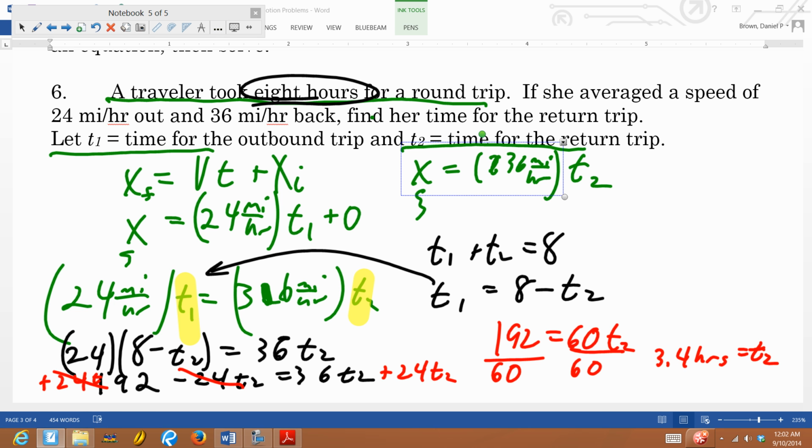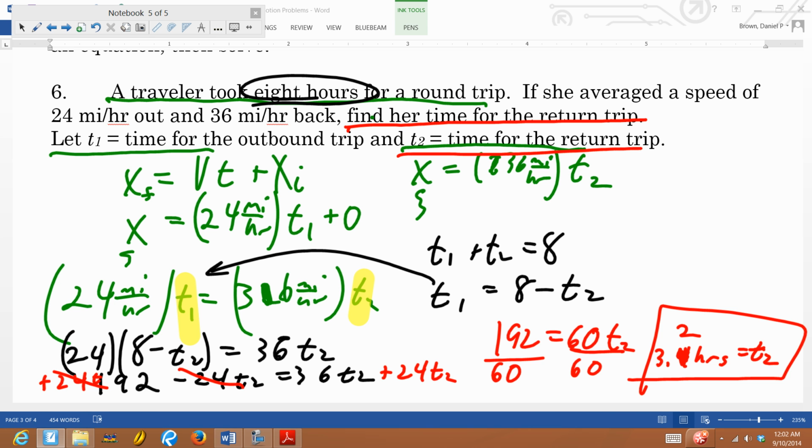The remainder of 12 out of 60 is actually 3.2, isn't it? I apologize. 3.2 hours. And that is the amount of time it takes to get back, which is what I asked us here for. Find the time for the return trip, and it says that T2 is the time for the return trip. So we finish the problem. Let's go on to the next one.